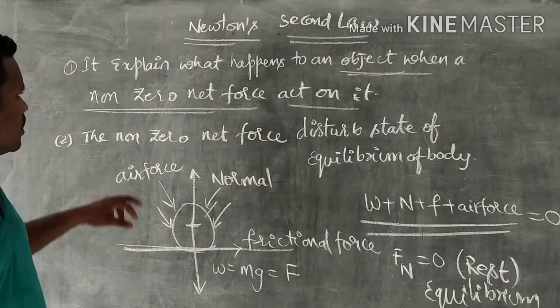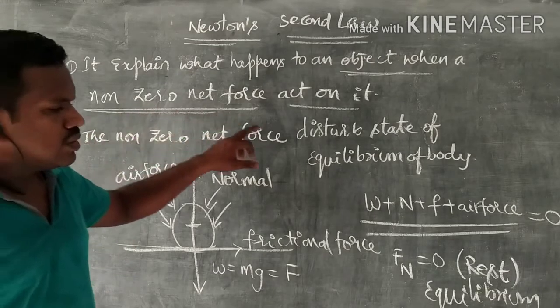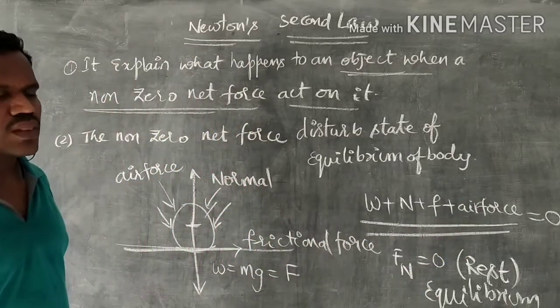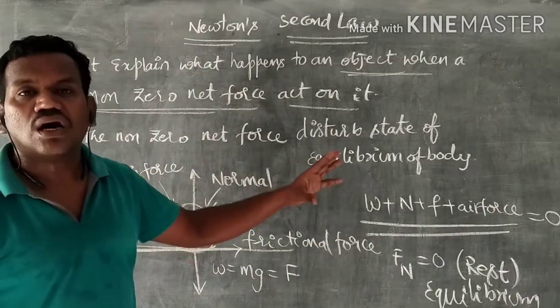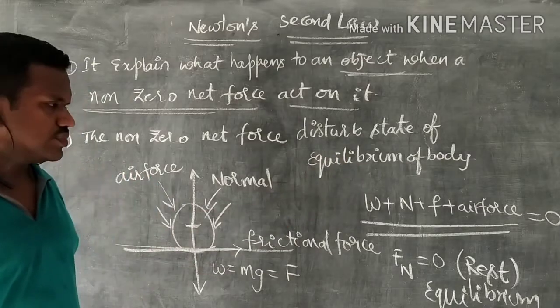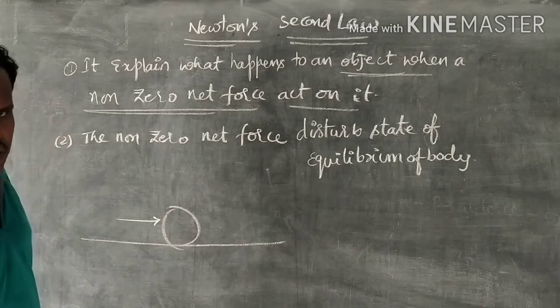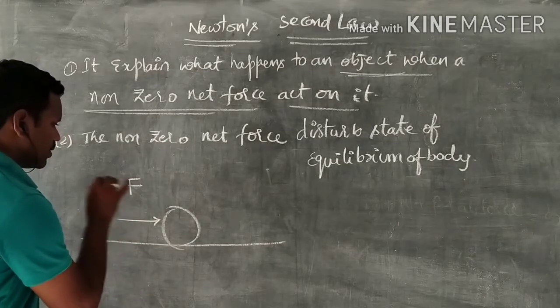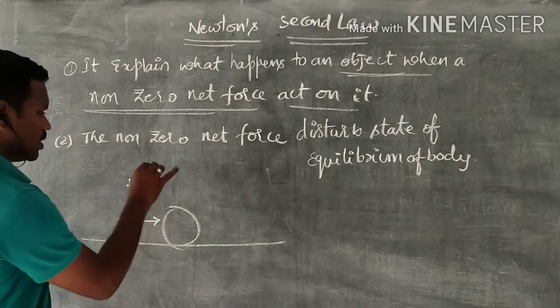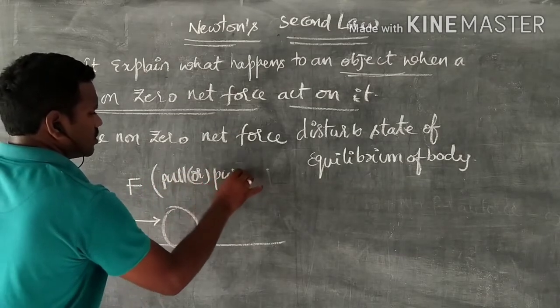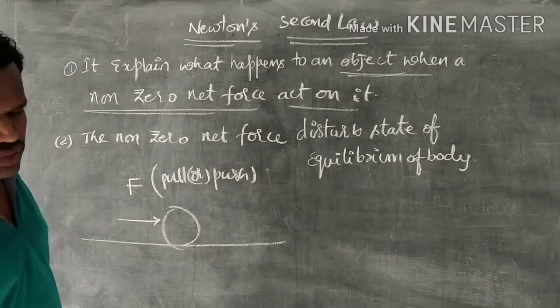Right. Now, if the net force is not equal to 0, I apply a certain amount of force on this body. You already know that a pull or push acting on the body is called force.